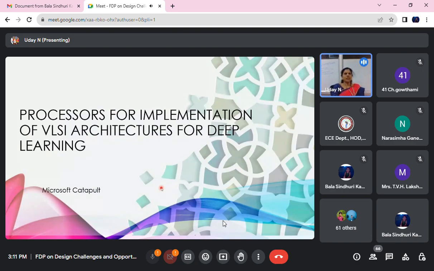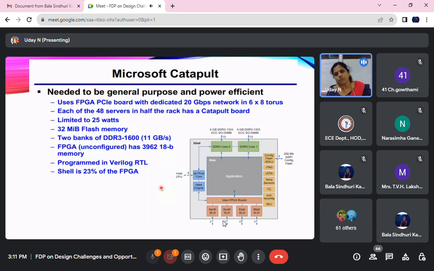So now we have the processors for implementation of VLSI architectures using Microsoft Catapult. Catapult is brought forward by Microsoft.